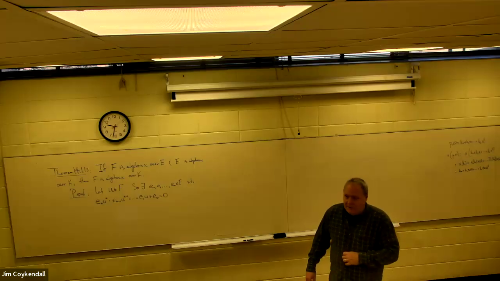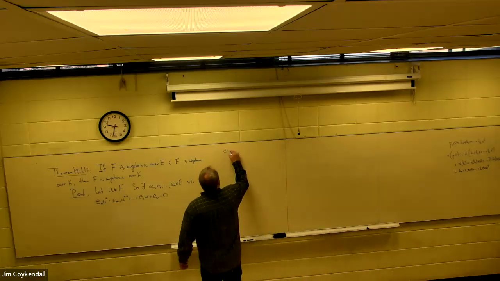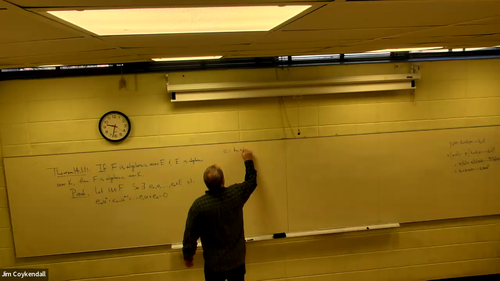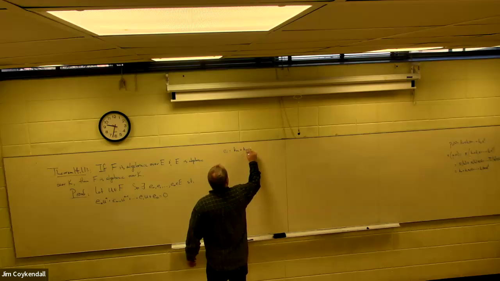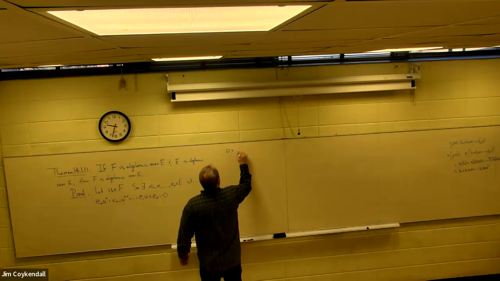So what might be true is ei is a root of a polynomial with coefficients in K. That's the problem.